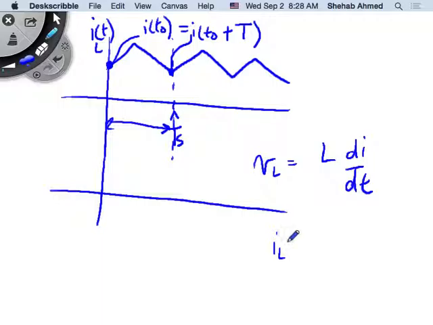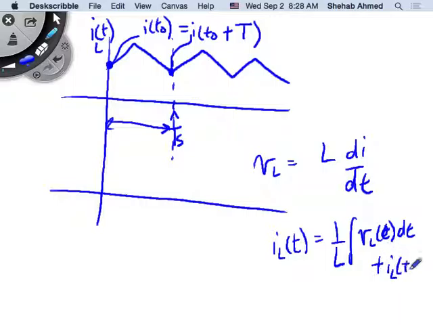IL of t is equal to 1 over L integration of VL of t dt plus IL of t0, correct? And this is t next step, right? So I can say this is t0 plus capital T, for example, right? This is one sampling period later, right?